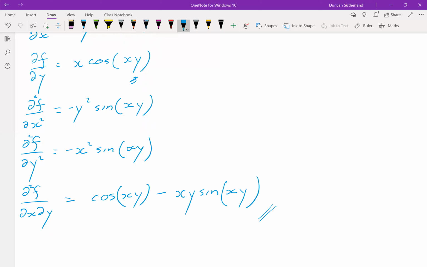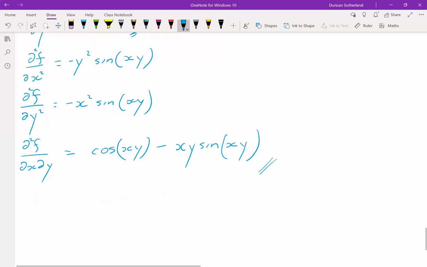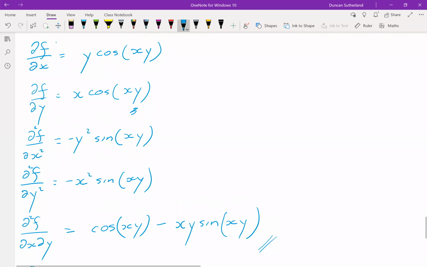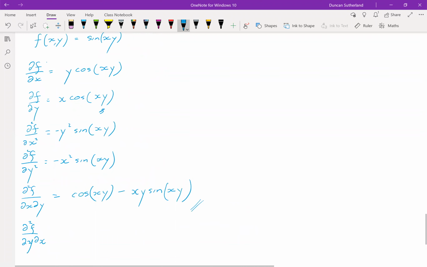y first, then x. Let's do it the other way around. So we start with the x one. Again, it's the product rule, right? Because we've got this y out the front. Differentiate that, leave the second one alone. Differentiate this with respect to y. x is a constant, pops out the front.